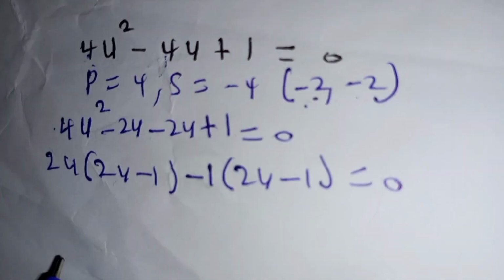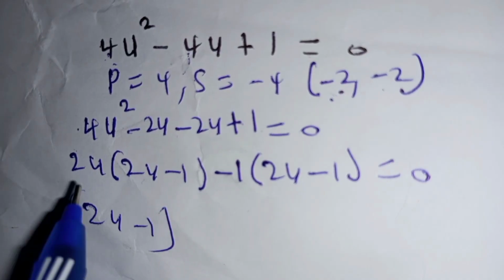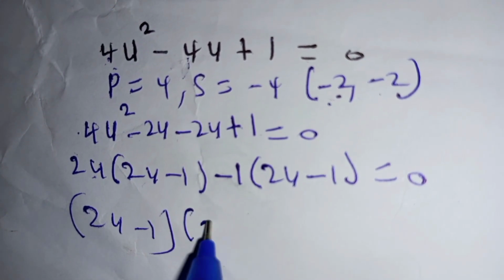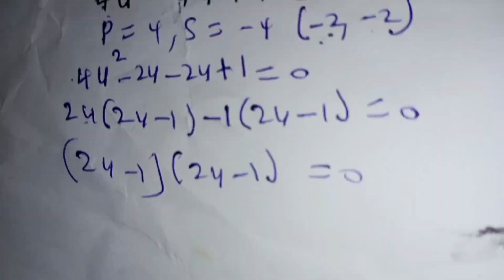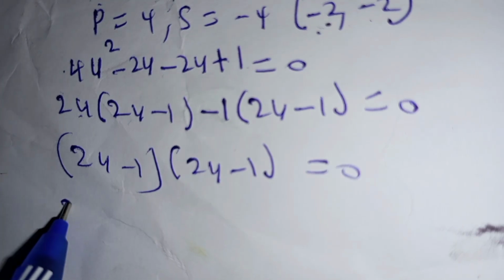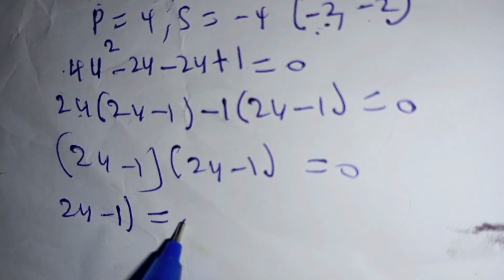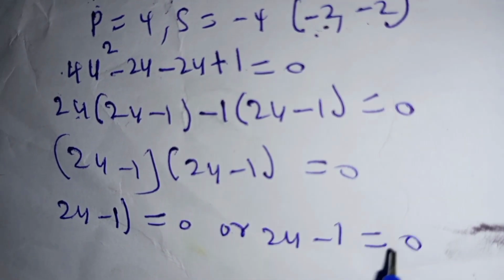You can clearly see that 2u minus 1 is common. And when you factorize 2u minus 1, we are left with 2u minus 1. This is equal to 0, meaning that 2u minus 1 is equal to 0, or 2u minus 1 is equal to 0.